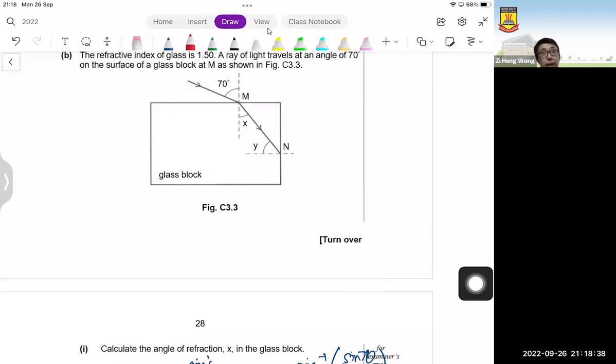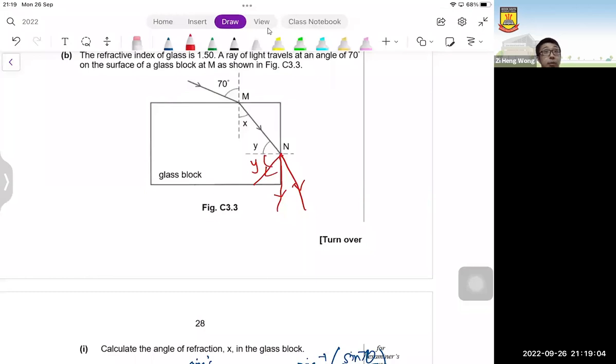If y happens to be the same as the critical angle, then you will travel along here. If y is greater than the critical angle, meaning total internal reflection, then you will draw like that, where this must be the same as y.